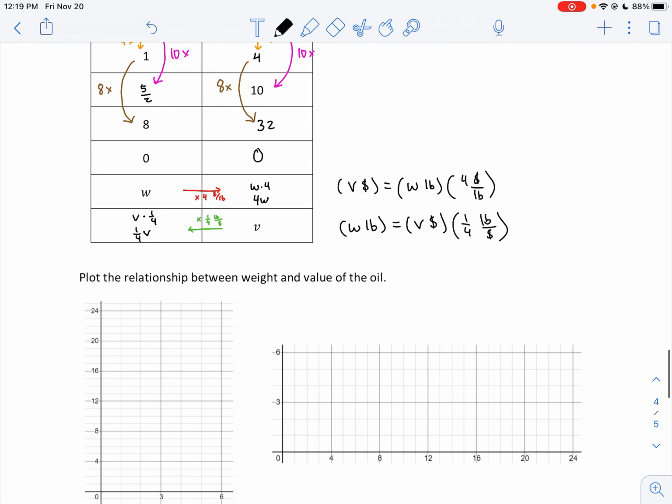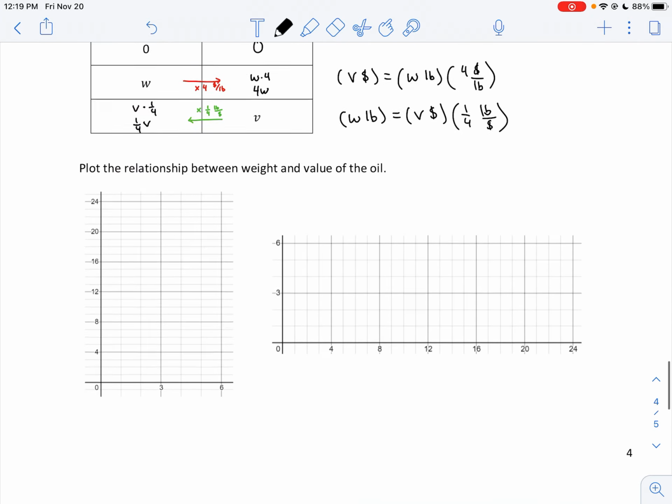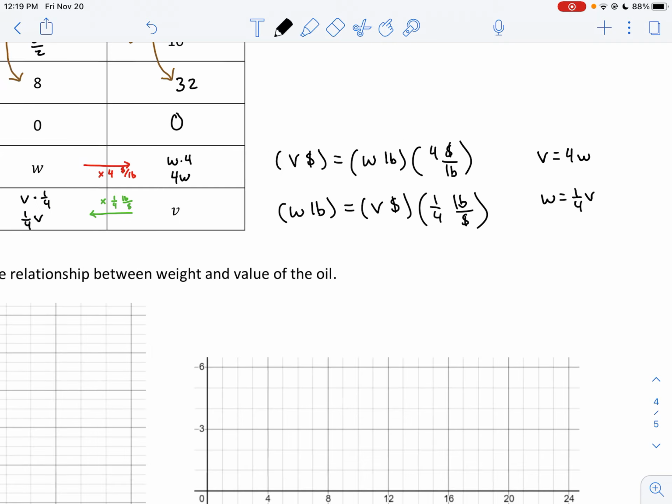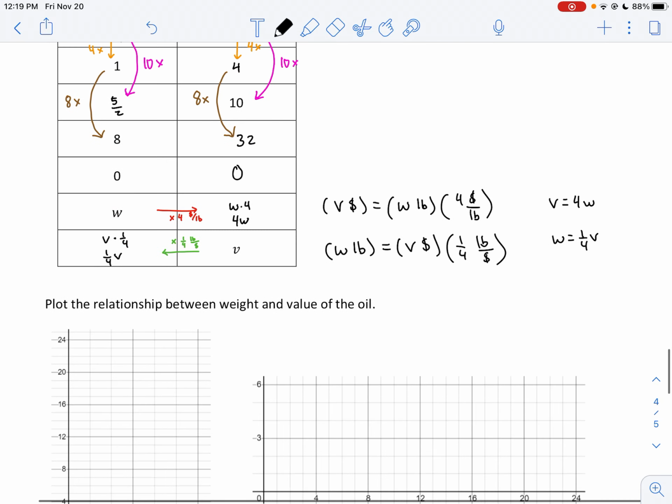So the two equations, without all these units in place, are really V is equal to 4W, or you can write this as W is equal to 1/4 of V. This is where you take the units out and just put the number in front of the variable and think more numerically. But these are the two equations, the two relationships.